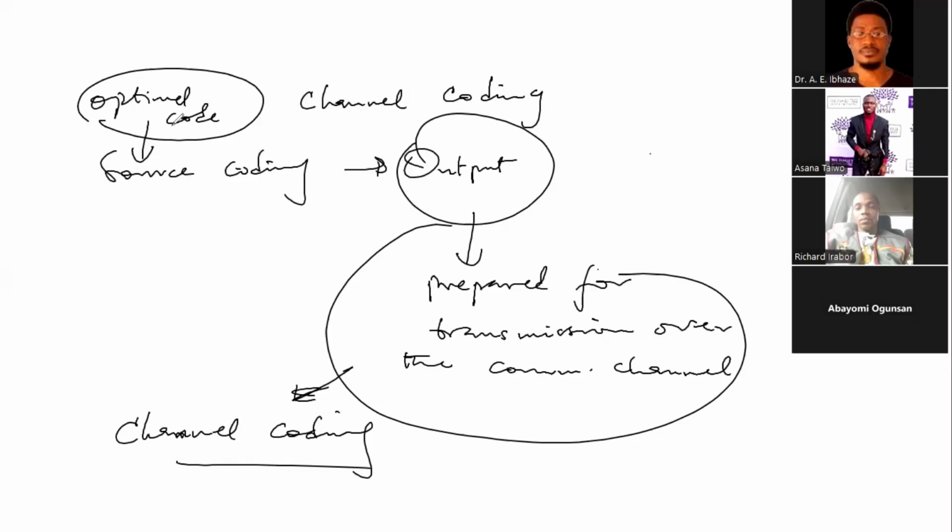And now we try to resolve that to avoid ambiguity in the decoder. And also, we've been able to literally compress the message data or the message bits in such a way that redundancies were removed to the barest minimum, right?